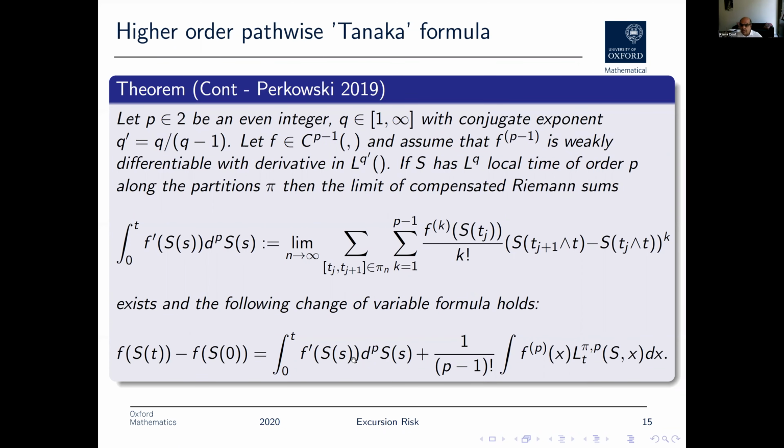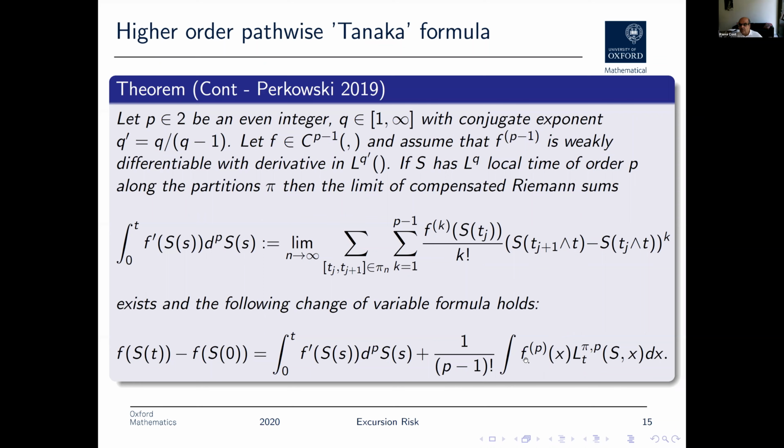And so you get this Ito type formula, in fact the Tanaka type formula, where you have f of S_t minus f of S_0. So you compute a smooth function along the irregular path. But the smoothness is linked to the irregularity. So S has roughness index p, and f is of class C^p. And then you see that you have an Ito-type formula. The first term is an integral, and this integral is a limit of compensated left Riemann sums.